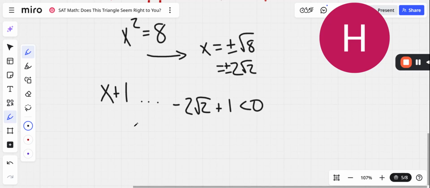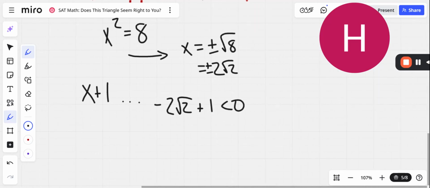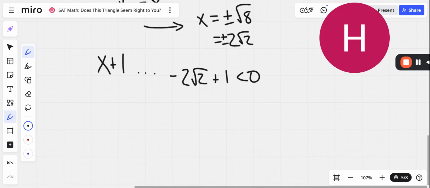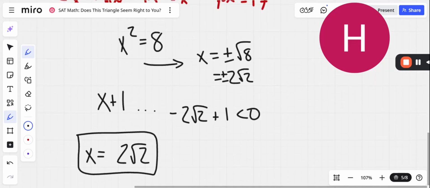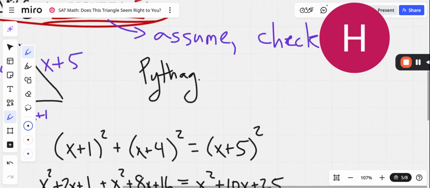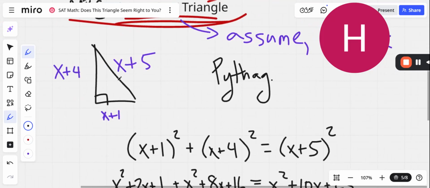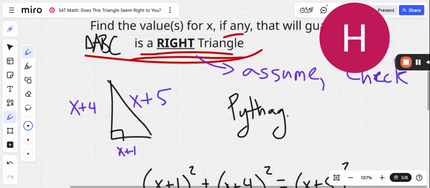So, as it turns out, we're not going to use the negative solution. We're only going to use the positive solution, 2 square root of 2. If x equals 2 square root of 2, then the Pythagorean Theorem will be true for this right triangle, which verifies that it's a right triangle.